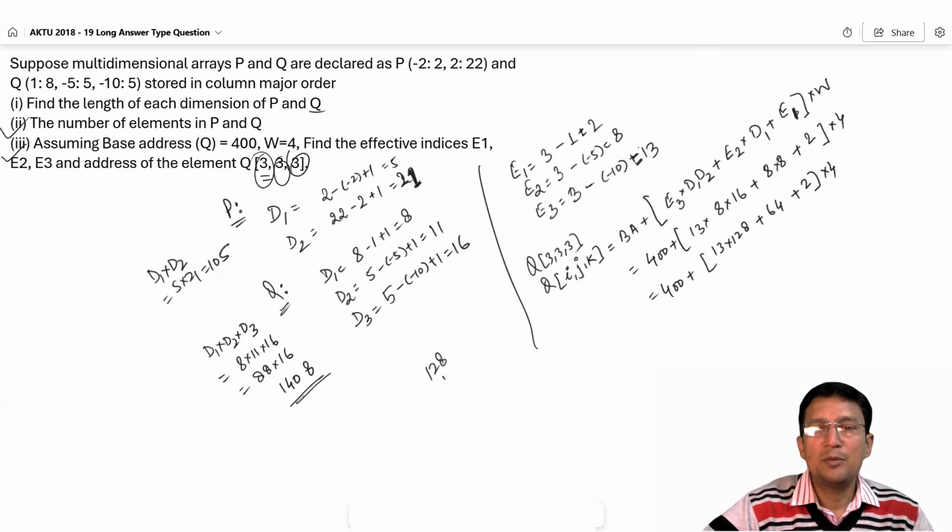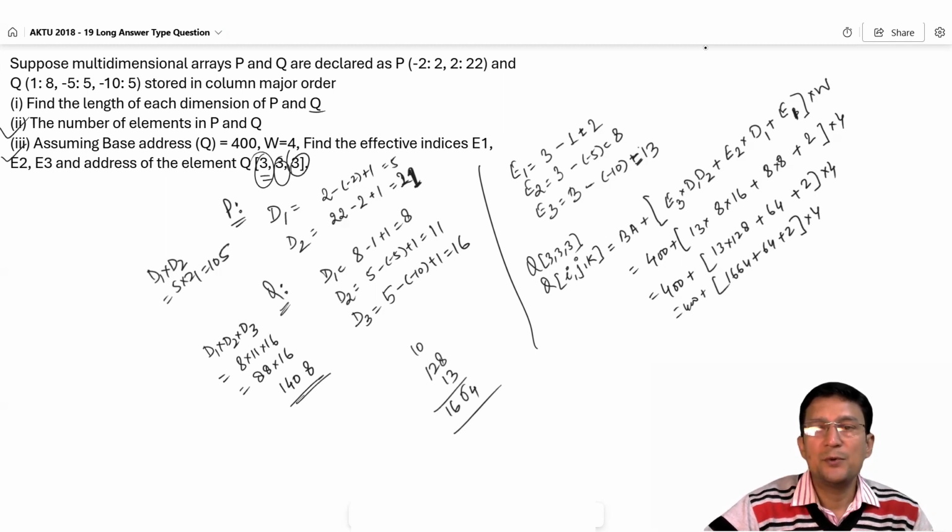So 128 multiplied with 13, this is 1664. So 400 plus 1664 plus 64 and then plus 2 multiplied with 4.